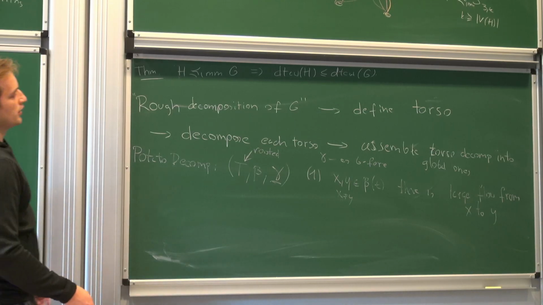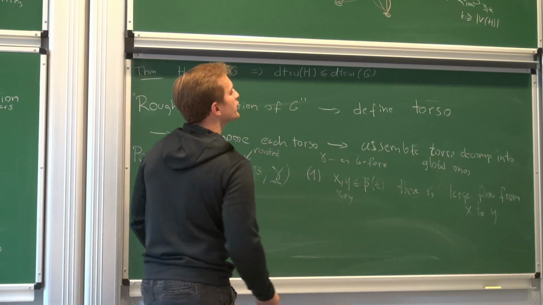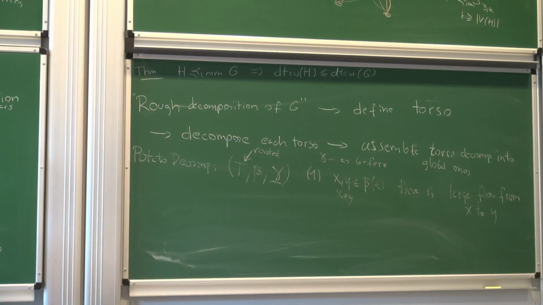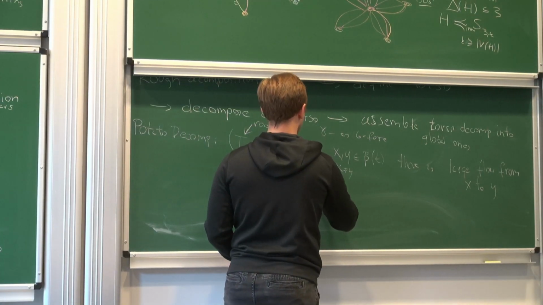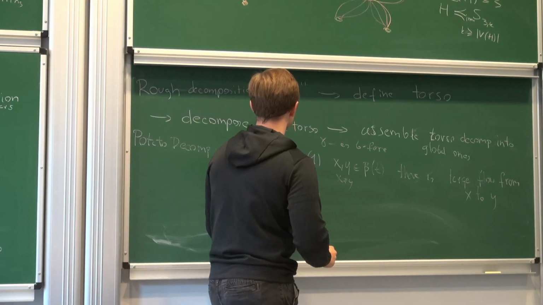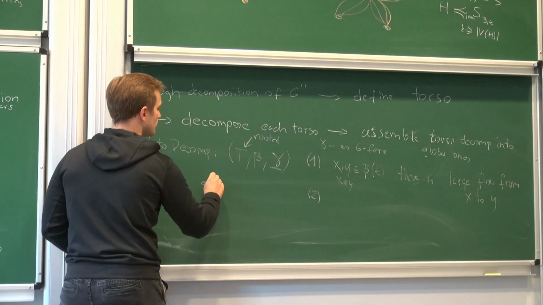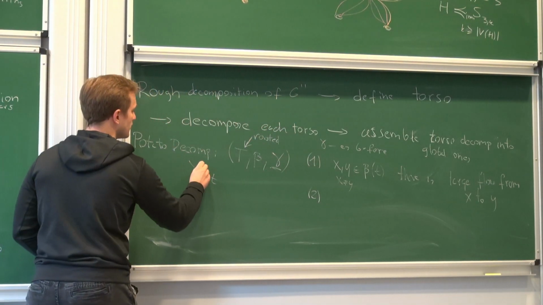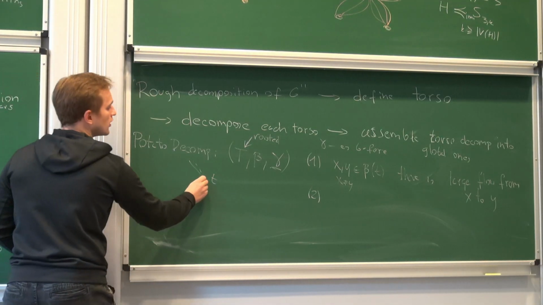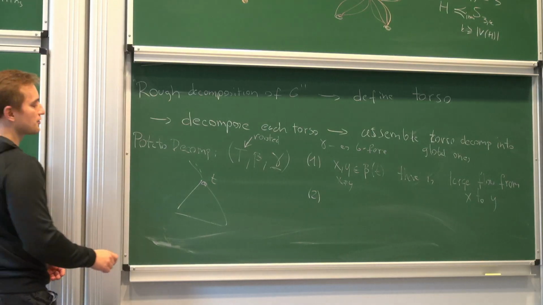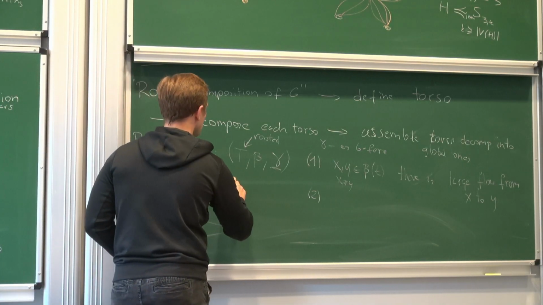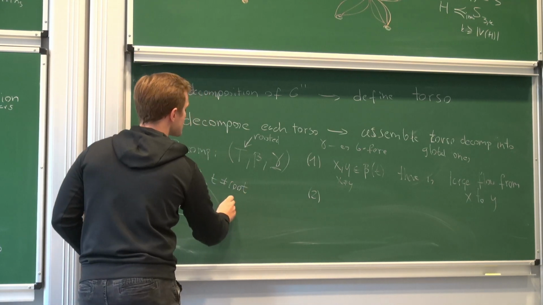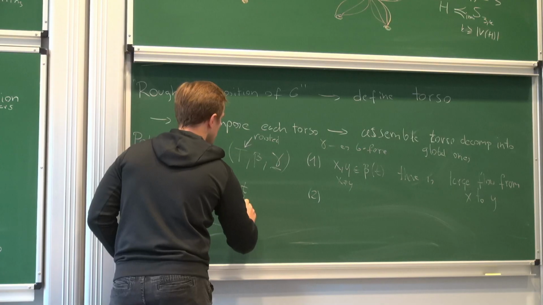So if I replace the roles of x and y, I get a large flow backwards. And the second property is that when I look at a node t in my tree, there is a parent edge, and I see some subgraph induced by the subtree. If t is different from the root, then this must be strongly connected.